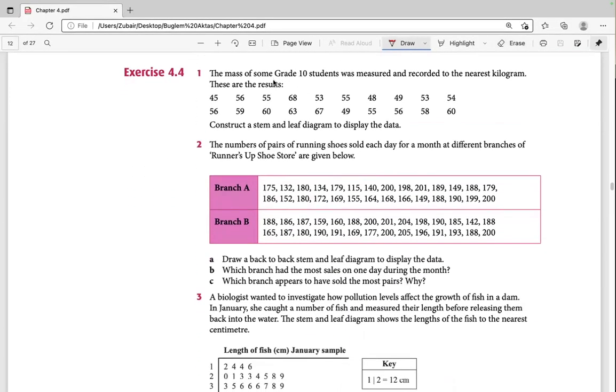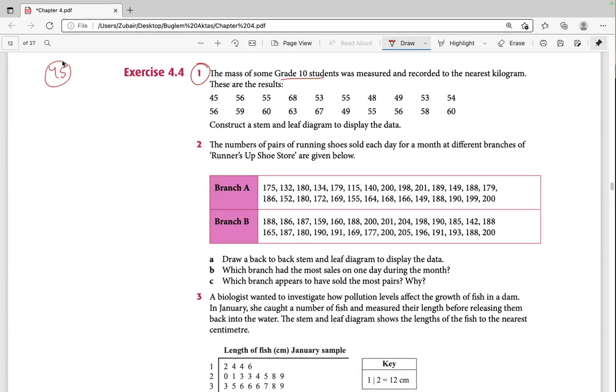Now the mass of some grade 10 students was measured and recorded to the nearest kilogram. These are the results. Construct a stem and leaf diagram. Okay, now before doing so, let's see what is the least mass. Out of these masses, which is the least mass? 45.